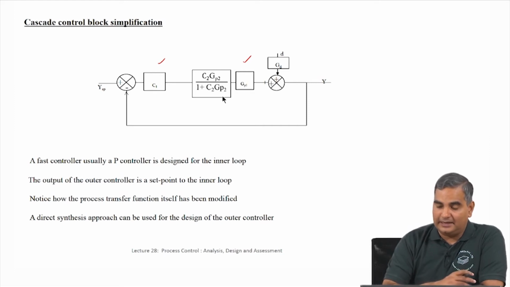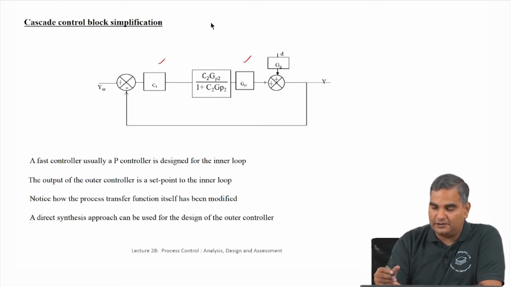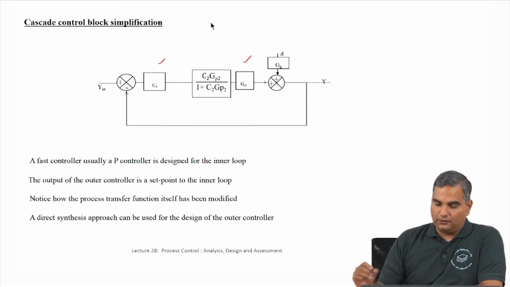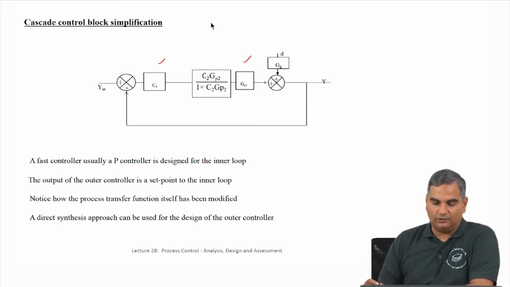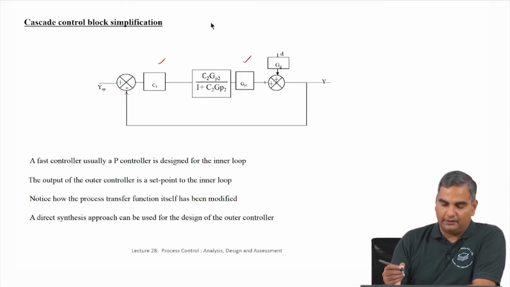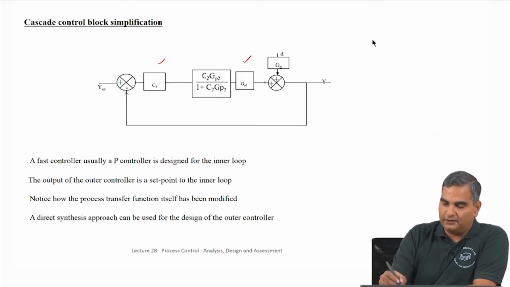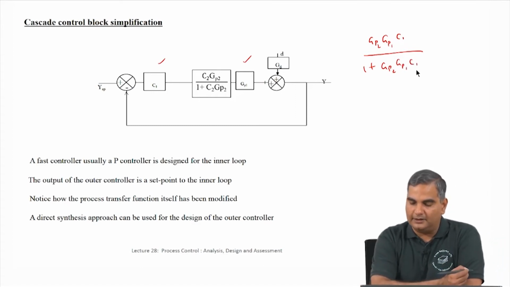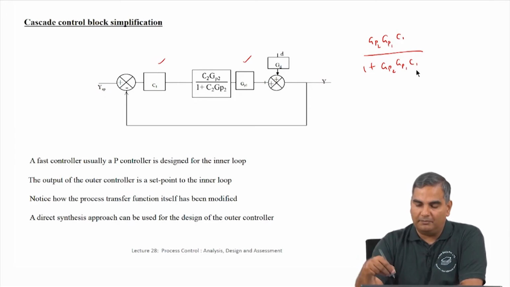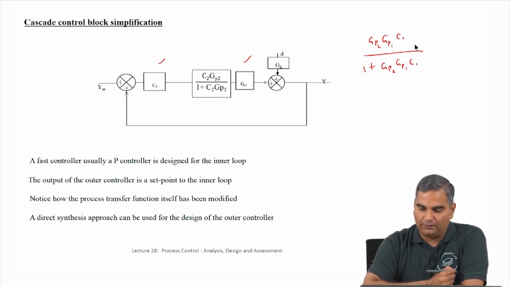I started by saying that if I were not going to do any measurement and so on, the closed loop transfer function is going to be GP2 GP1 times C1 divided by 1 plus GP2 GP1 times C1, where GP2 and GP1 are known. I have found the best controller for this, and I am still not happy with the closed loop performance.